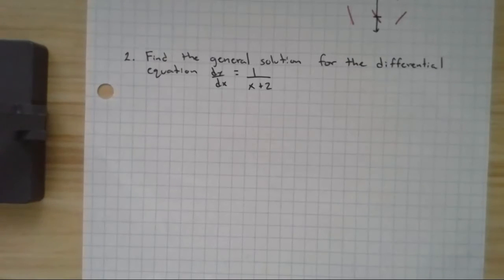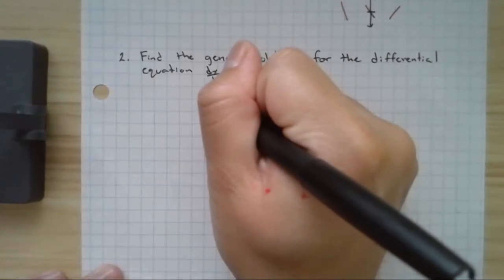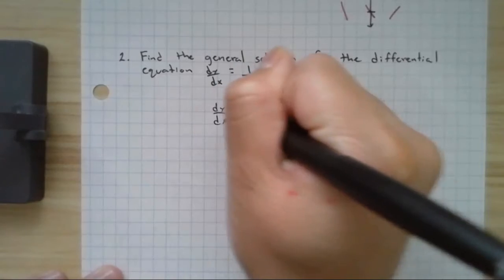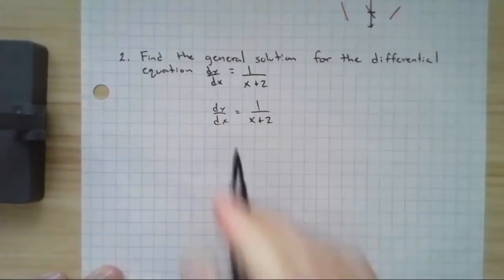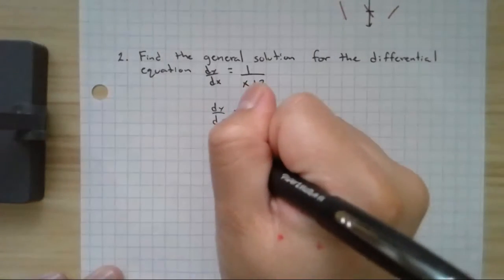We have dy over dx of 1 over x plus 2, so very similar to the one we did. So what you want to do is multiply both sides by the dx so that you get this set up here.